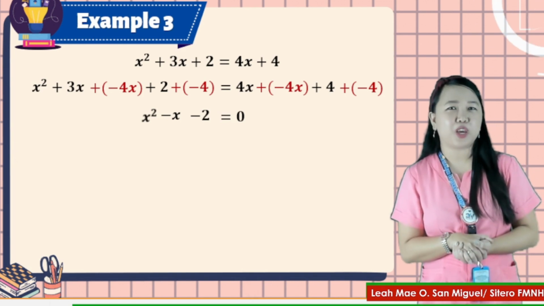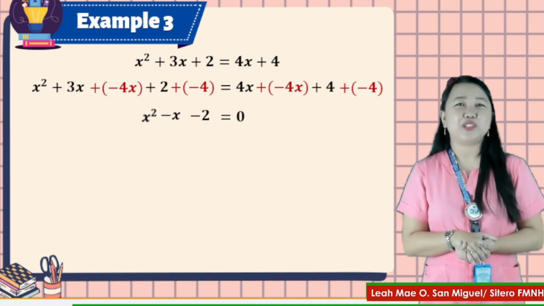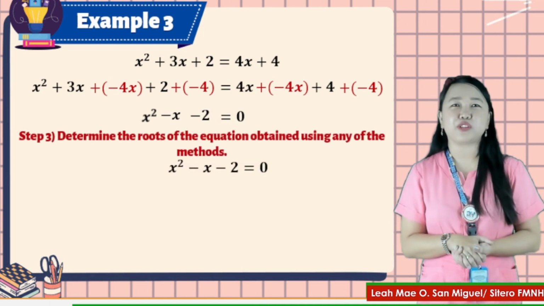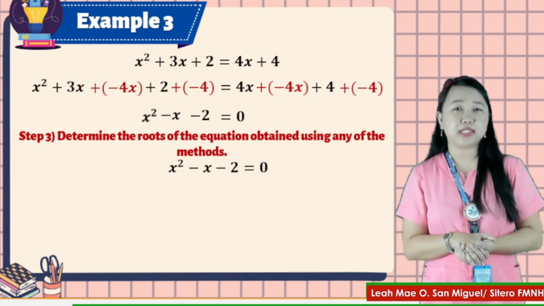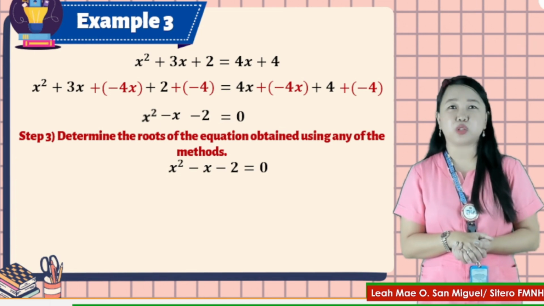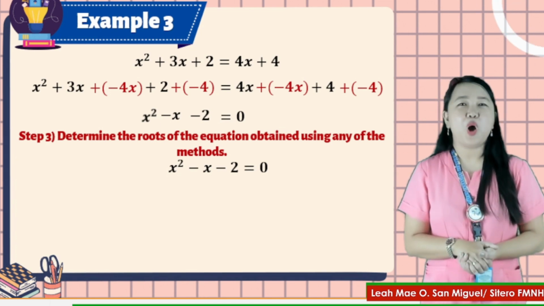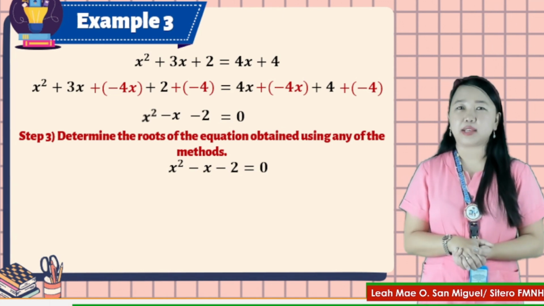Is the resulting equation quadratic? Yes. So, let's determine the roots of the equation obtained using any of the methods. Since the equation is factorable, we can use factoring to get the solutions of the equation. What are the factors of x squared minus x minus 2 is equal to 0?